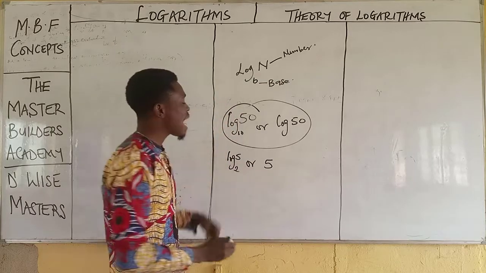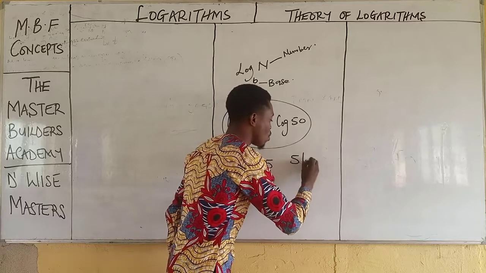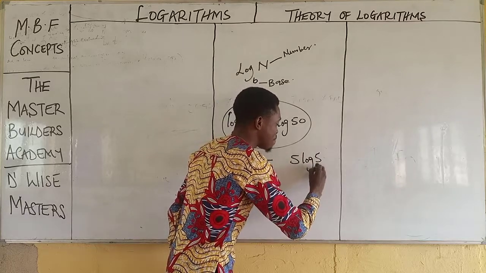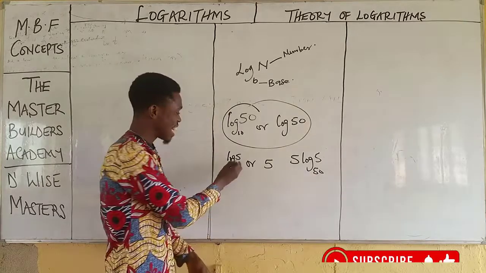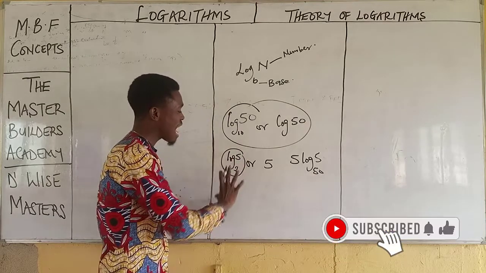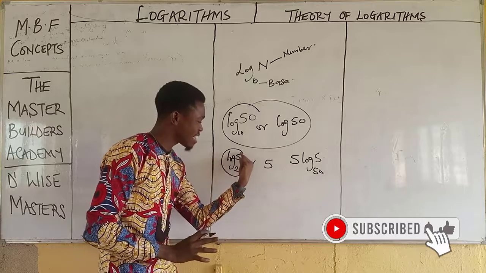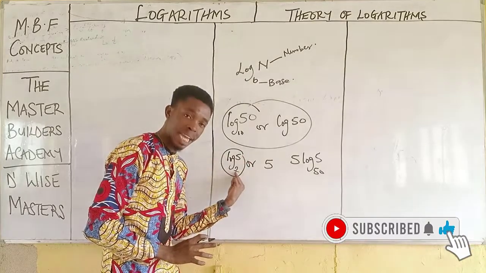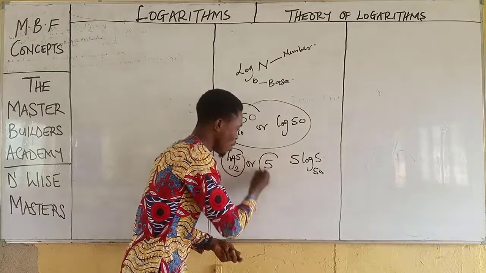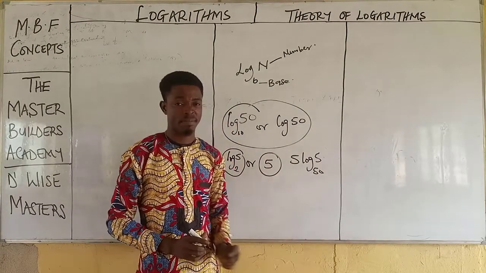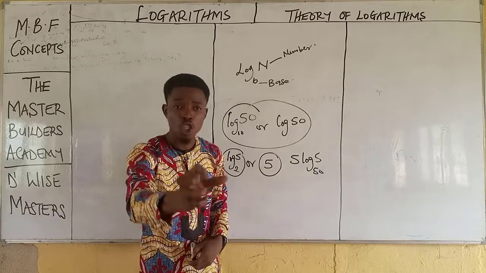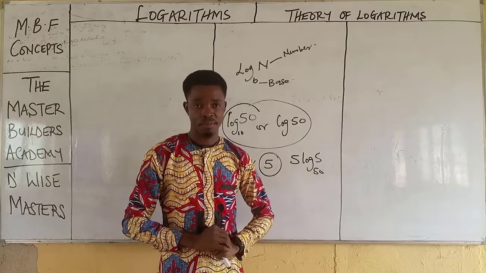By the time I have 5 log 5 base 50, this is very complex already. So this is the list. By the time I have more than this, the number and the base, or I have more than just a simple term, if this cannot be reduced to a simple term, then the laws of logarithms come in.